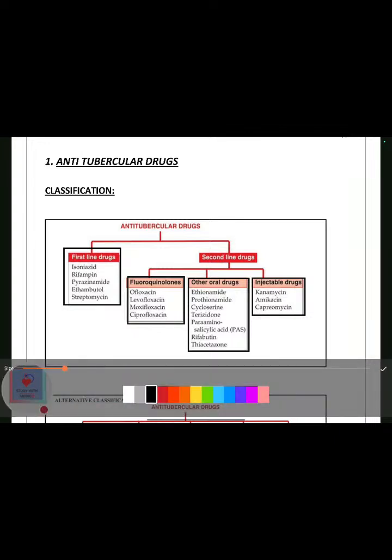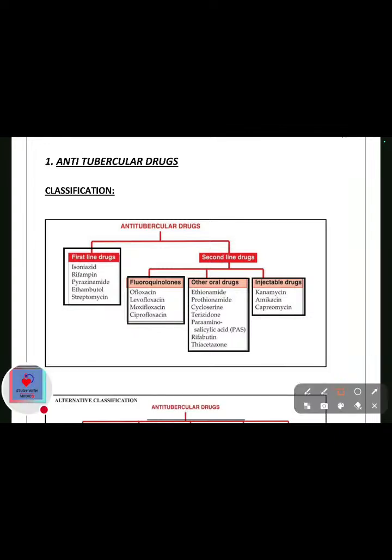In the first line drugs, you will find HRZES. H is for isoniazid. You can write isoniazid as INH, or as H. So these are the ways you can write.